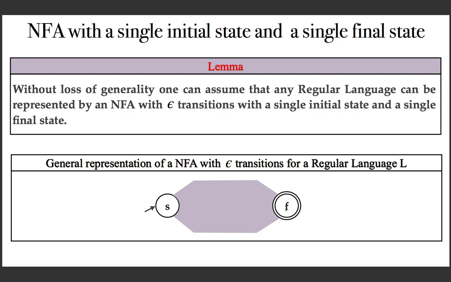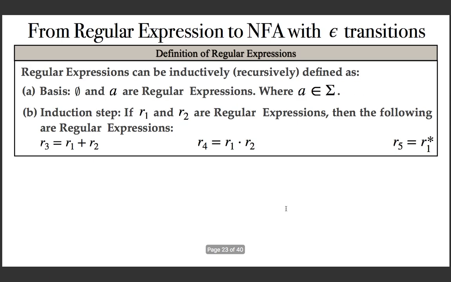And with this, now we can discuss the algorithm to generate an NFA with epsilon transitions from a regular expression. For that, first recollect the definition of regular expressions. I am just reproducing it. We have seen it in the last class.